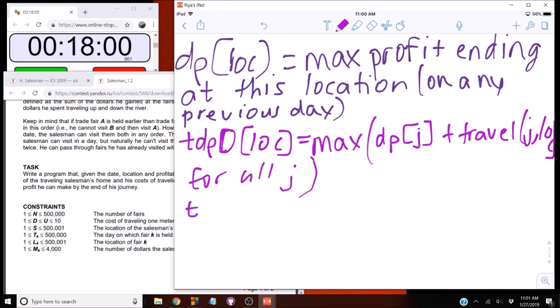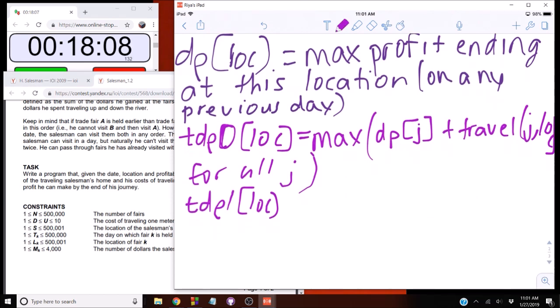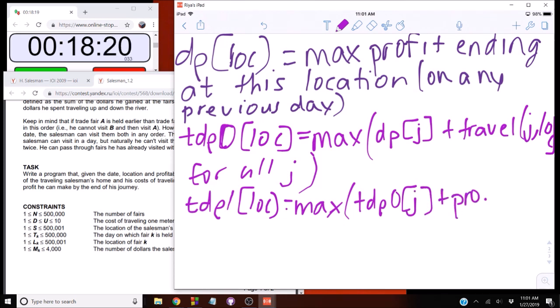Okay, and TDP1[lock] equals the max of all TDP0[j] plus the profit of everything in the range from lock to j for the current day, minus the distance to travel from lock to j.